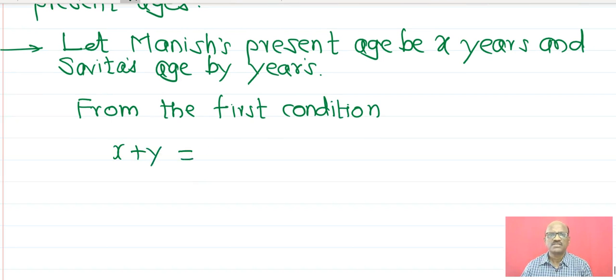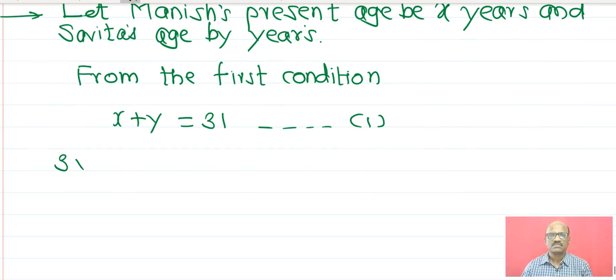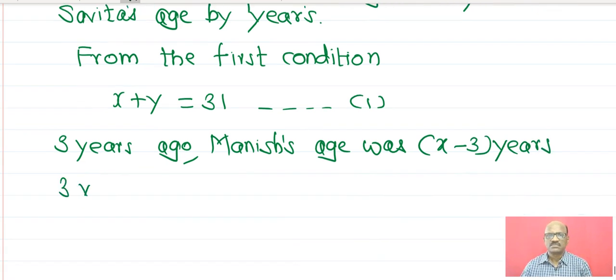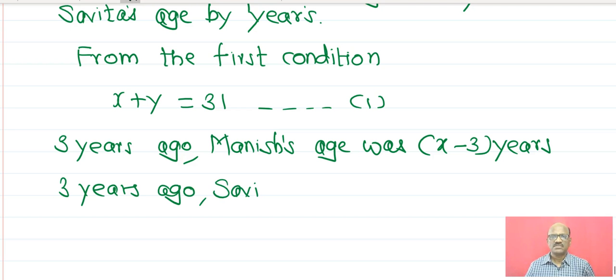Therefore, from the first condition, x plus y is equal to 31. And in the second case, that is 3 years ago, Manish's age was x minus 3 and Savita's age 3 years ago is y minus 3.